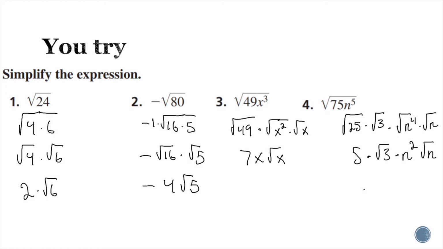Now to rearrange this, I would move everything outside of the radicand to the front and the rest to the back, as I did here. And I want to undo the product property, and I would get 5n squared times the square root of 3n as my final answer.